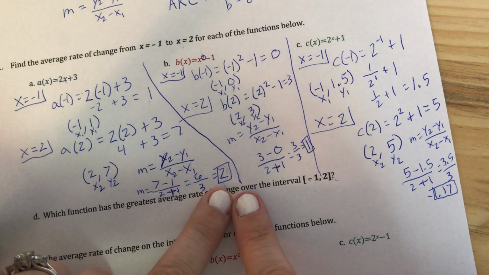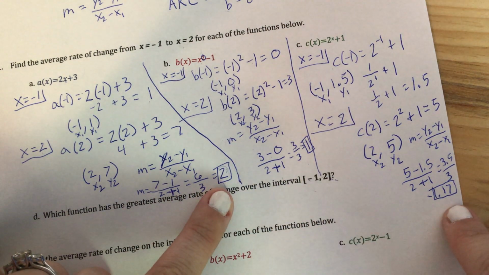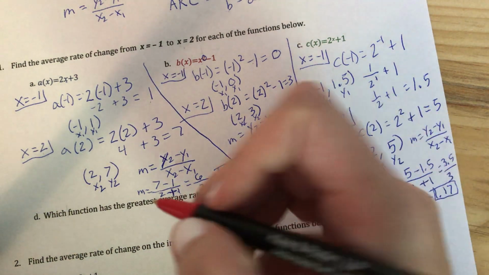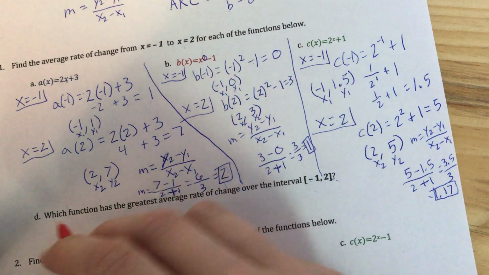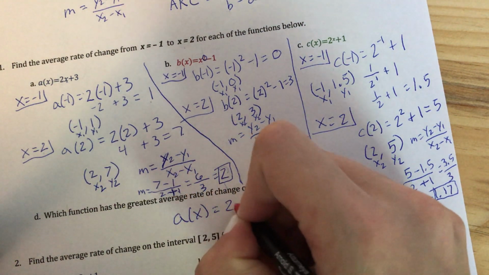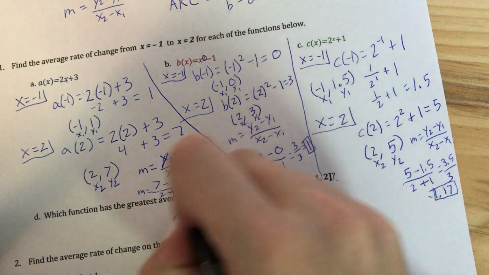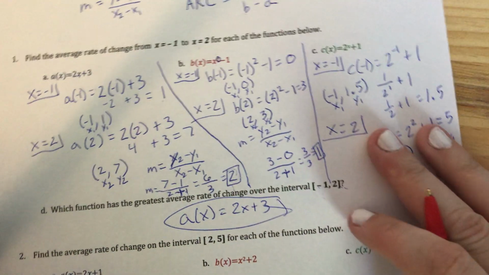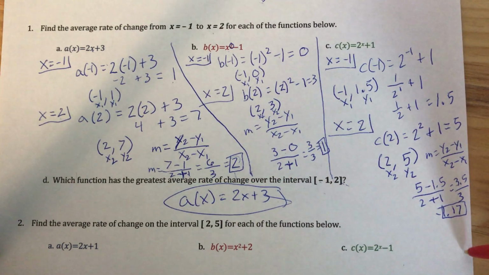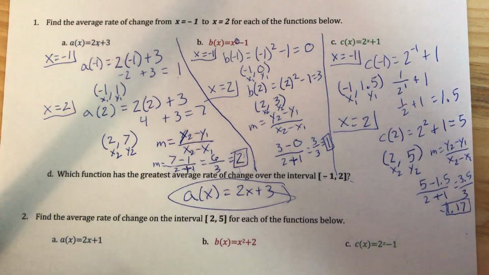And so right at this moment, which is the greatest number, 1.17, 1, or 2, okay? The 2 is the greatest one. So which function? That would be a of x equals 2x plus 3. This is the winner, okay? Because 2 is greater than 1 and 1.17, okay?